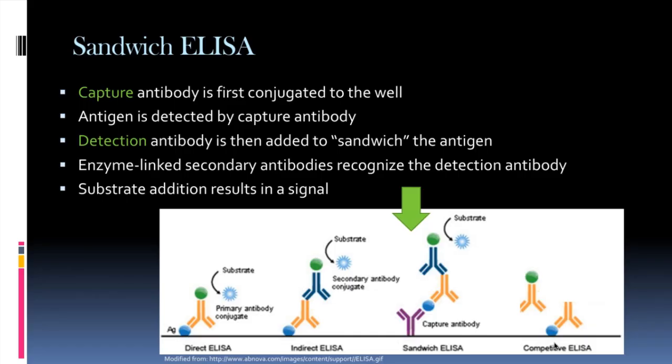So the enzyme linked secondary antibody, again, recognizes the detection antibody and is able to amplify the signal. So a substrate is added in the last step, and there is a signal that's given off. So again, you would get a smaller signal amplification if you use direct detection, and a larger signal amplification using a secondary antibody or indirect detection.